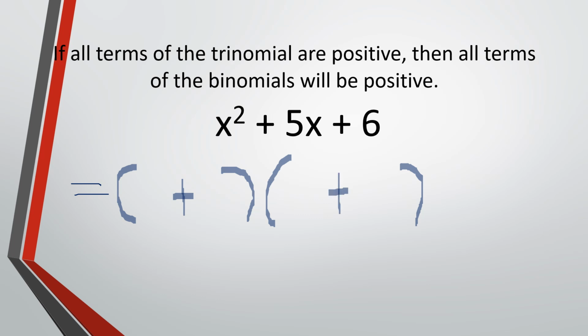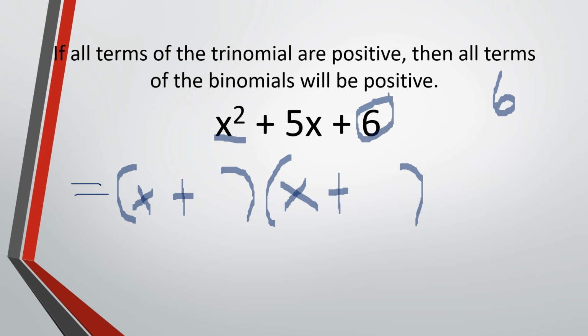To get x squared, we multiply x by x, so we put an x here and the other x here. After that, we have the last term, 6. Now let us find the factors of 6.